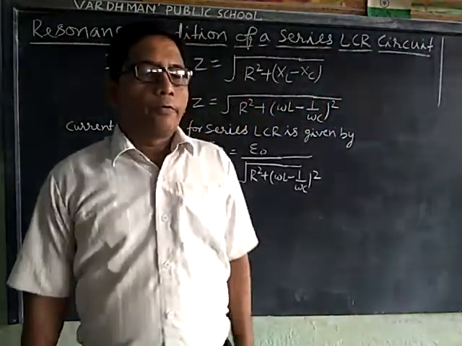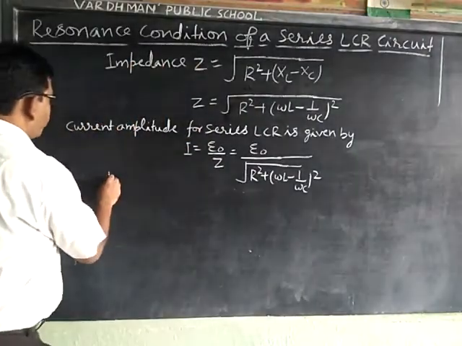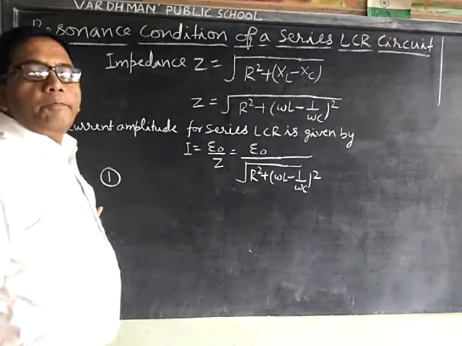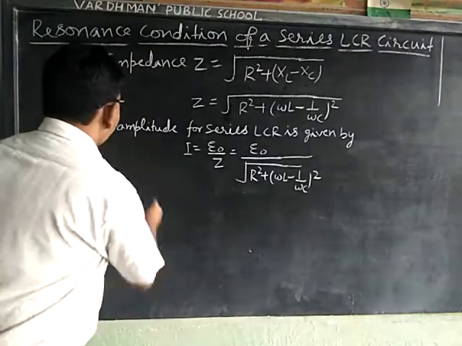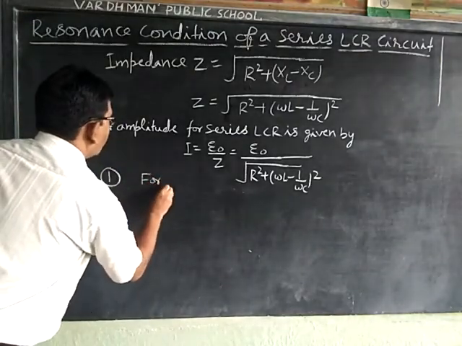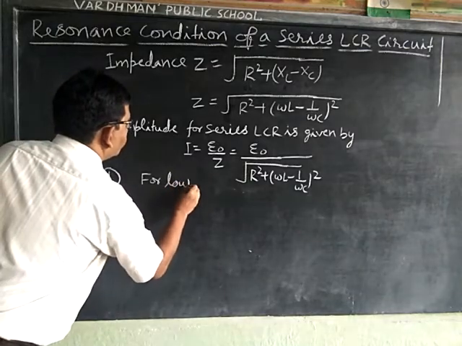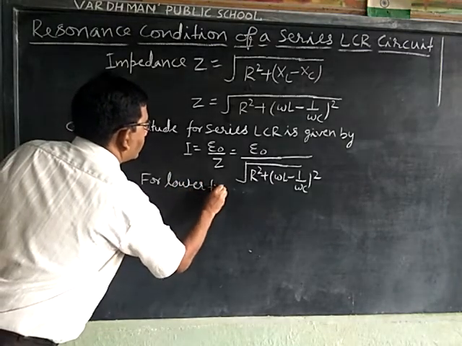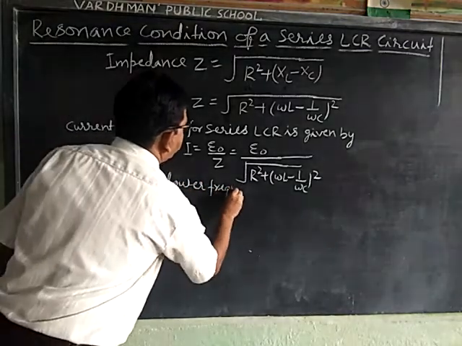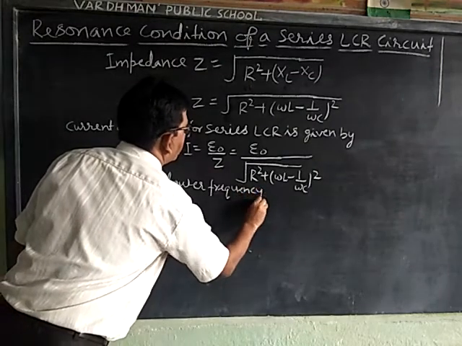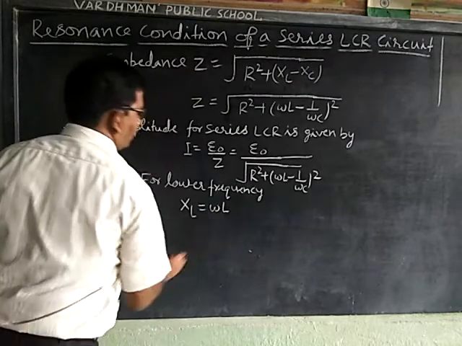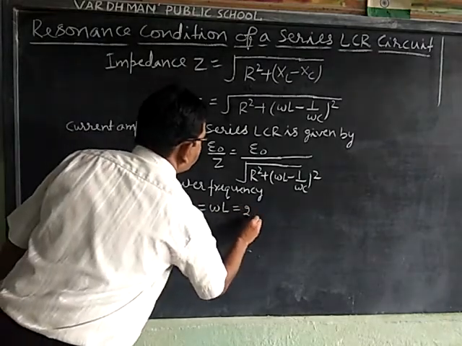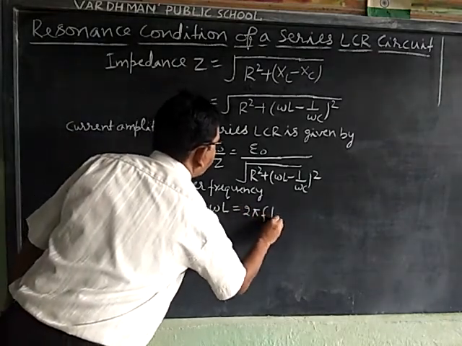Now in the first case, for lower frequency, XL is equal to omega L is equal to 2 pi FL.